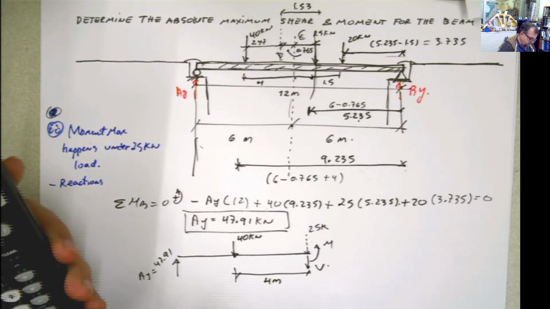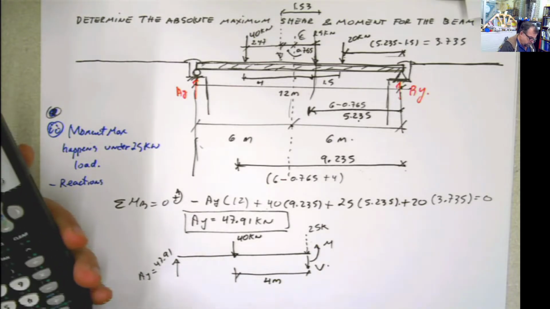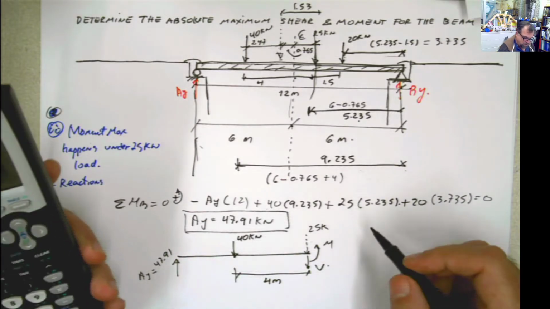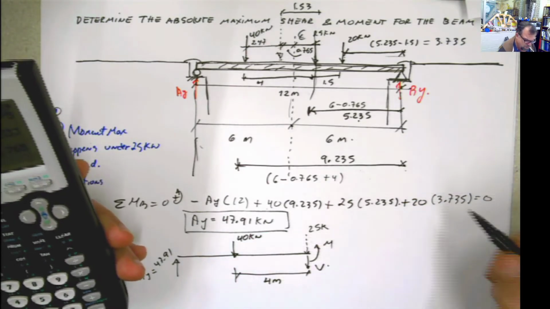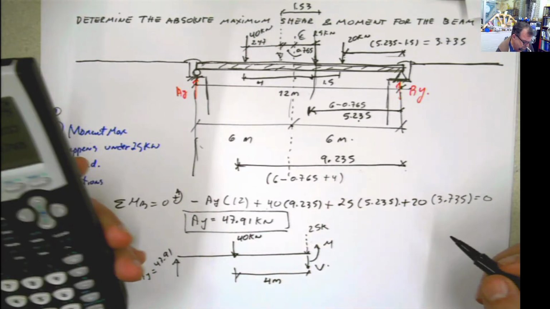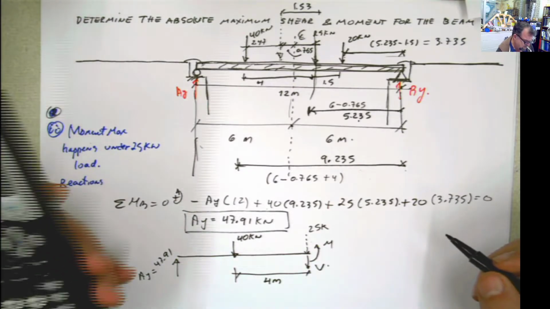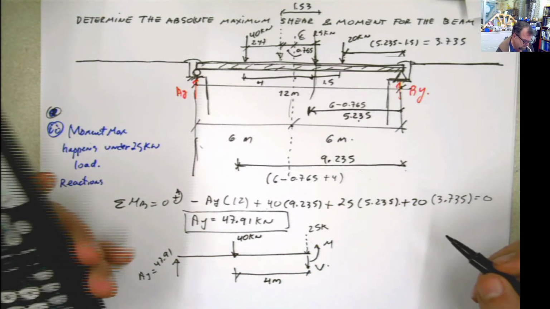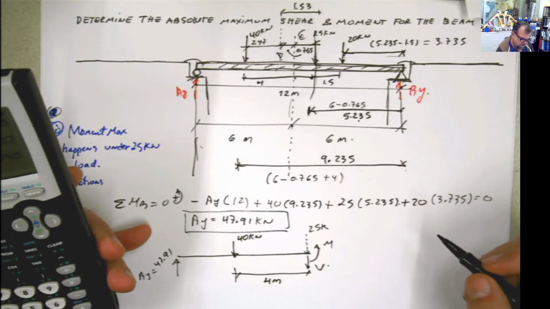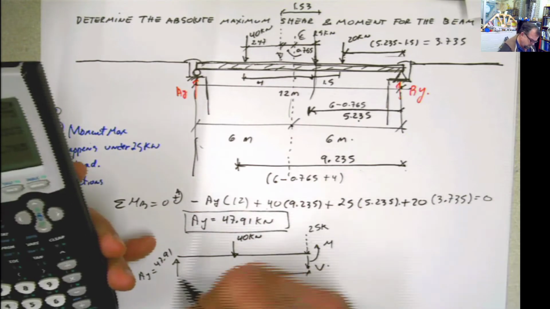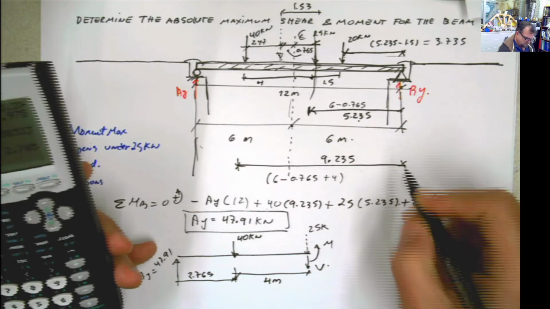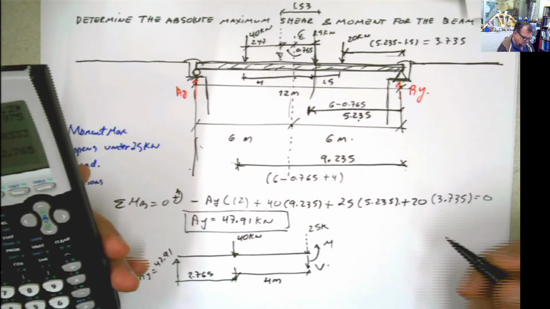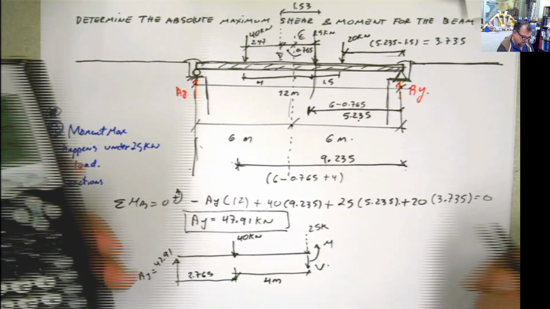So 12 minus 9.235 is going to be 2.765. Remember, 12 minus that is that. So now we can calculate our summation of moments.